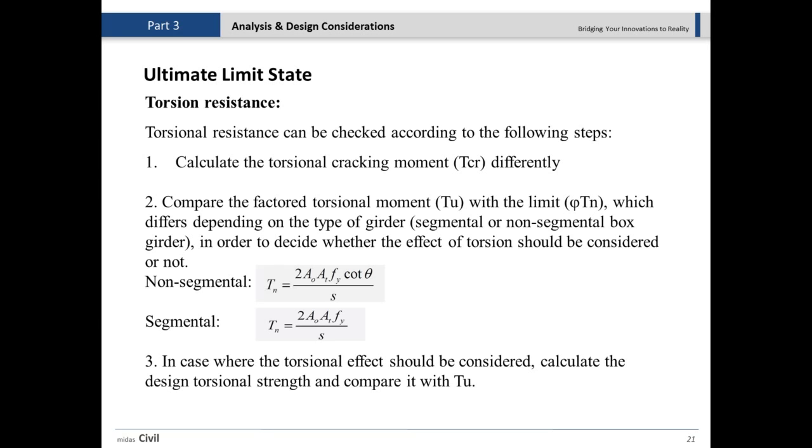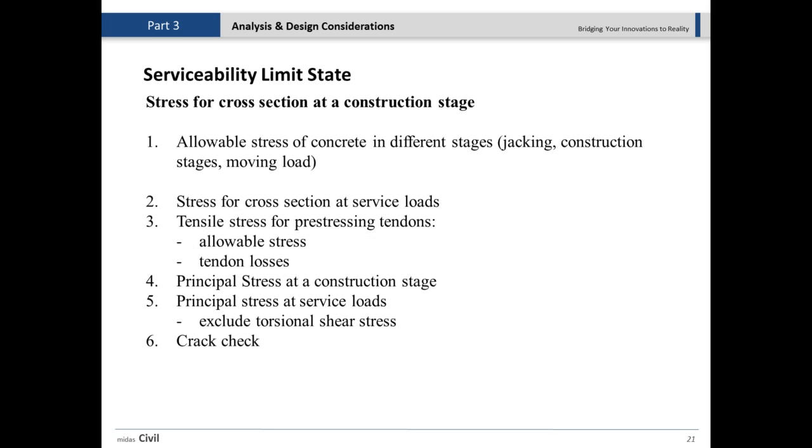So next session I will show you how Midas will provide the detailed design sheet explaining all these steps for the ultimate limit state and the serviceability limit state, all of them listed with all the details provided, and we can check whether you want to follow the code or the equations from the strain compatibility method. All of them will be provided to you next week.